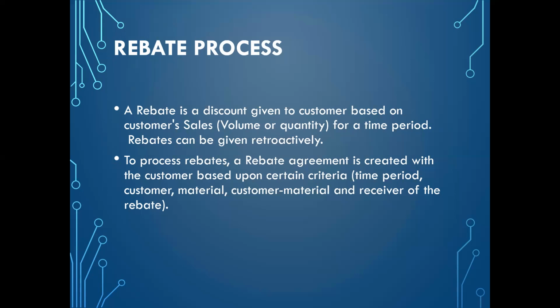In a similar way, if you reach only 7,000, I'm giving another 5%. So a rebate has a nature of retroactiveness. Please try to remember that word, we are going to discuss it.